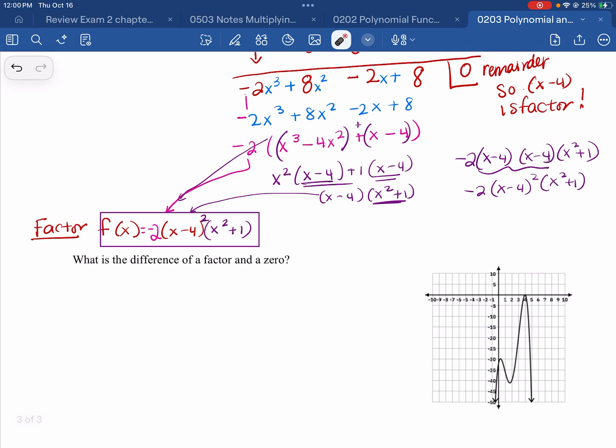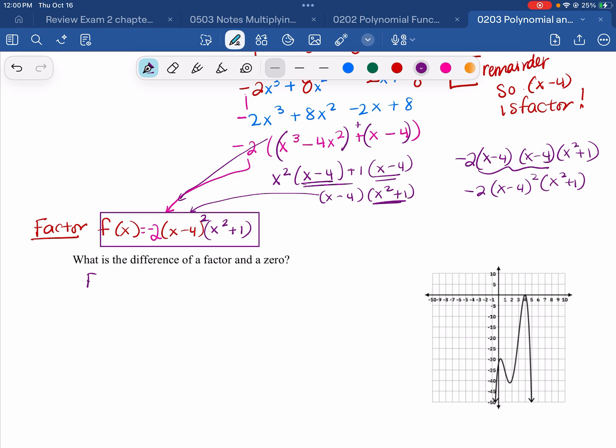Okay. What's the difference between a factor and a 0? Factors multiply to give me the original polynomial.